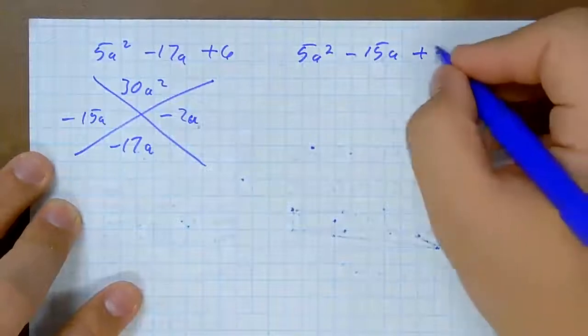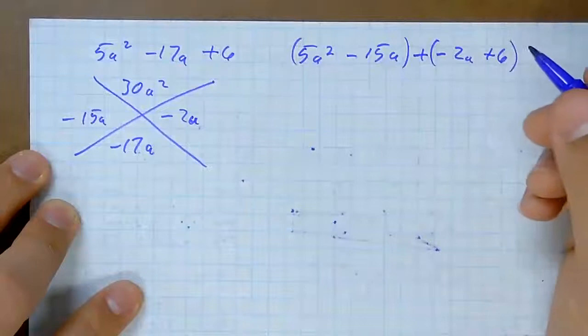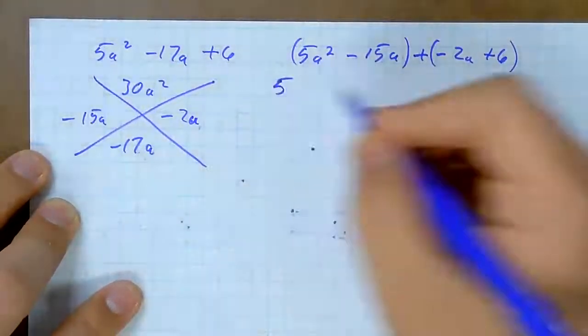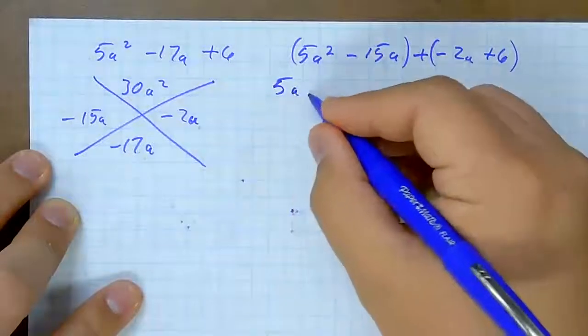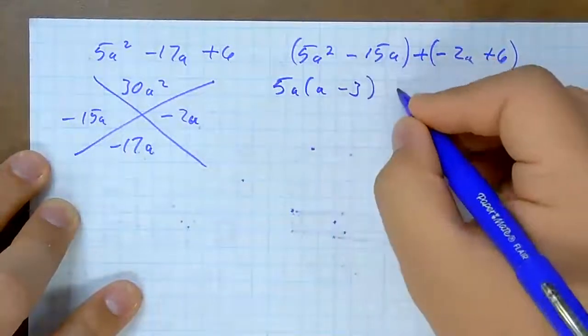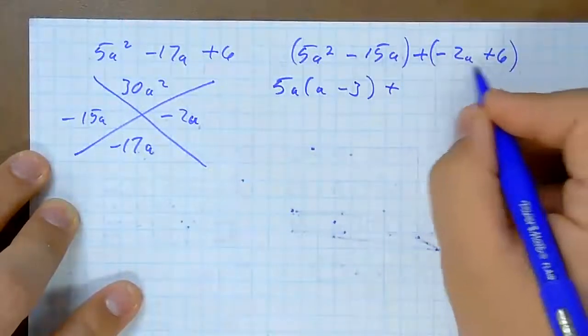This plus a negative allows us to group in a way so our leftovers match. GCF of the first one is 5a. I'm left with a minus 3, plus GCF of our second group is -2.